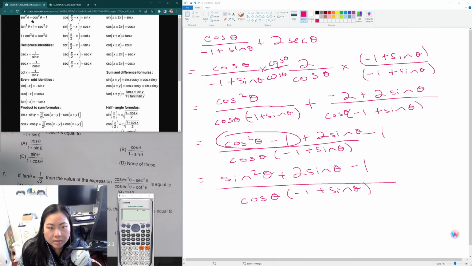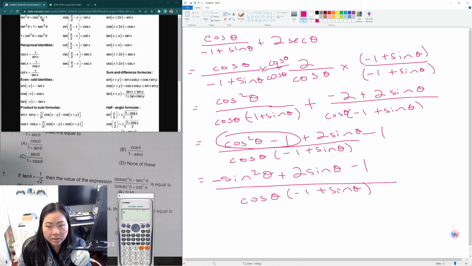Sine squared theta plus cos squared theta. Oh, right. So this is negative sine squared theta, which is exactly what I need. Yeah, that's right, because cos squared theta minus 1 is equal to negative sine squared theta. I see, that makes sense now. Okay, everything is working out.